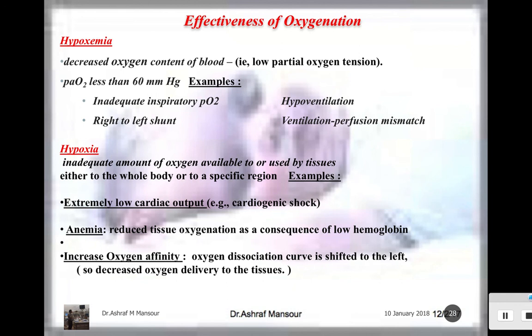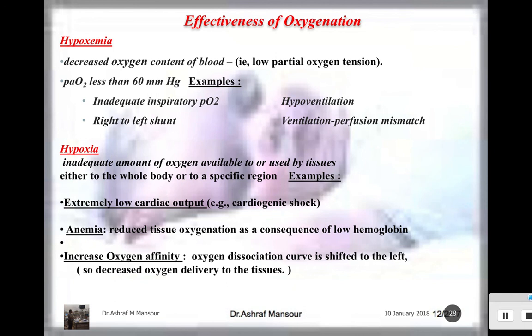Hypoxemia is a decrease in the oxygen content of the blood, so it will reflect a low partial oxygen tension, like in cases of right to left shunt, hypoventilation, ventilation perfusion mismatching, or inadequate inspiratory PO2.